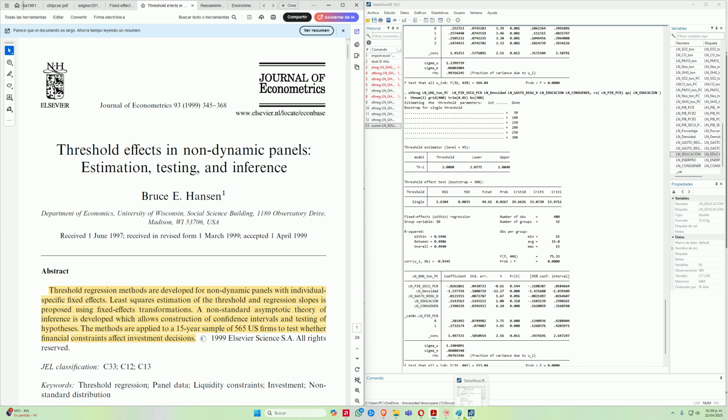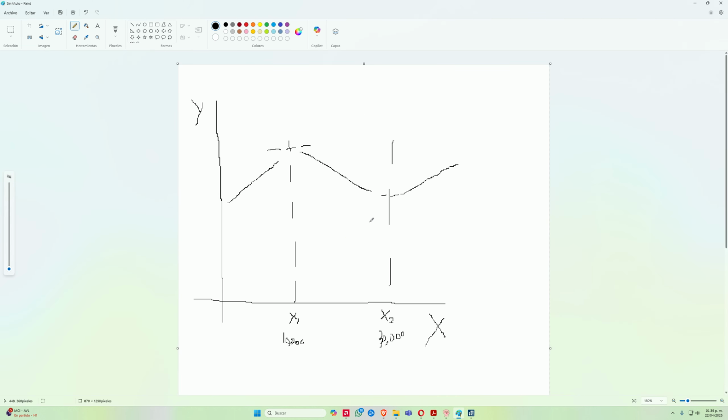Okay, first of all, some basic things about when to use a threshold panel. Let's imagine that X is the GDP per capita of some nation or some panel, and Y is the pollution of those countries or regions. We suspect that there's a limit, a threshold, where at this level the trend changes.